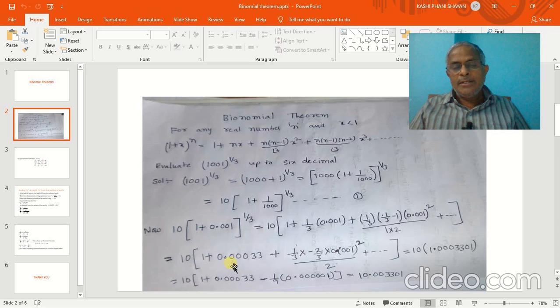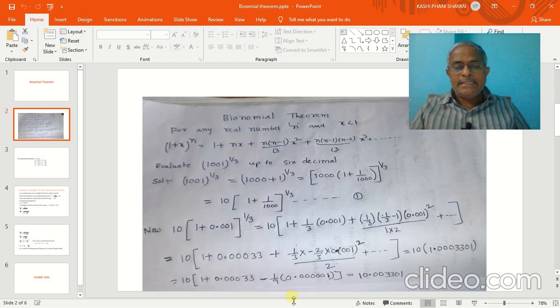Now we observe 1 by 3 of 0.001 gives you 10 into (1 plus 0.00033). Then 1 by 3 minus 1 gives minus 2 by 3 into 0.001 whole square by 2. The 2 gets cancelled, and plus into minus becomes minus. So what you are getting here is 10 into (1 plus 0.00033 minus 1 by 3 into 3, that is 9, and 0.001 whole square is 0.00001).